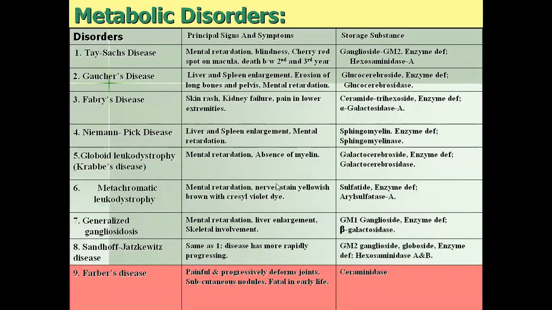Number 6, metachromatic leukodystrophy. The enzyme deficient is arylsulfatase A and the substance accumulated is sulfatides.